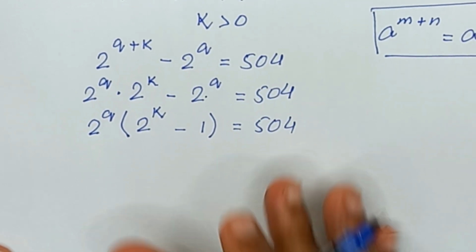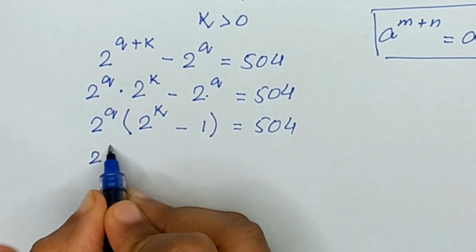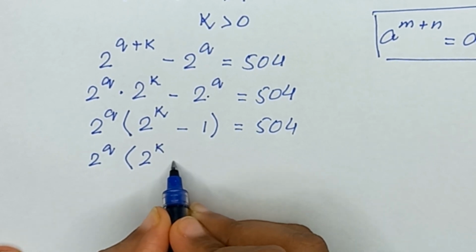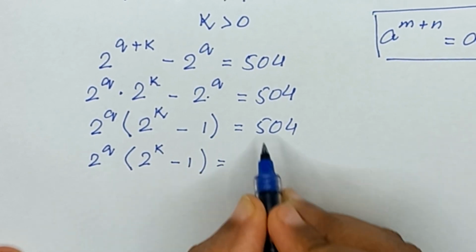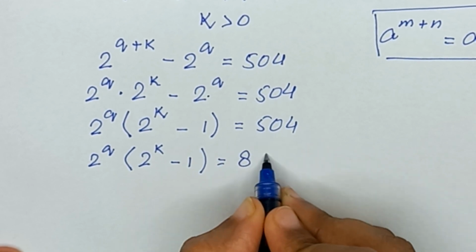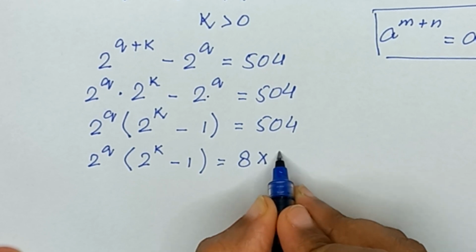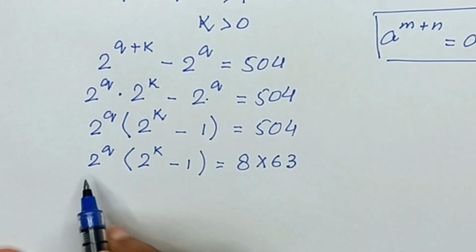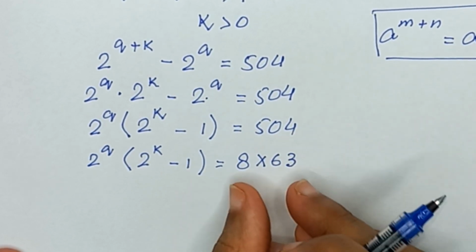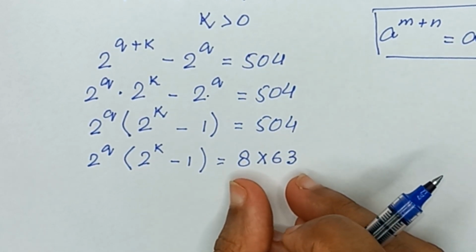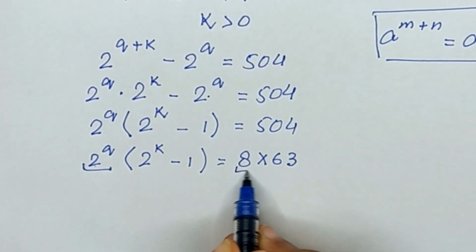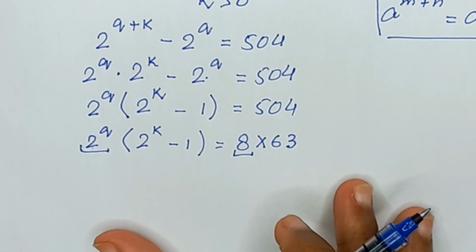So from here 2 raised to the power q into 2 raised to the power k minus 1 is equal to, this 504 is same as 8 multiplied by 63. Because here we have product of two numbers, so I will convert 504 in the product of two numbers. So from here 2 raised to the power q will be equal to 8.